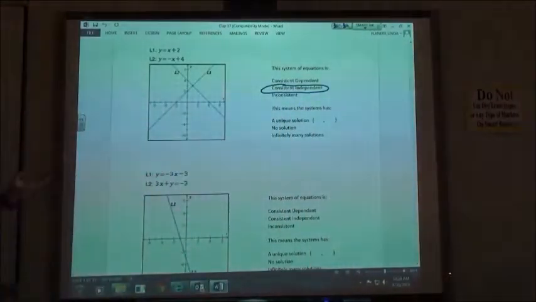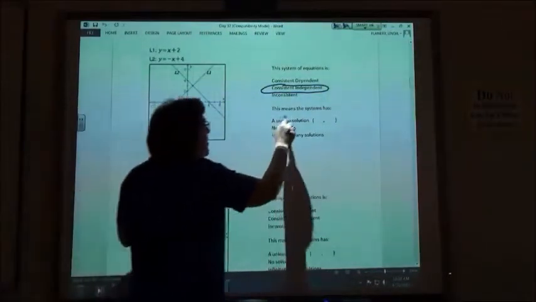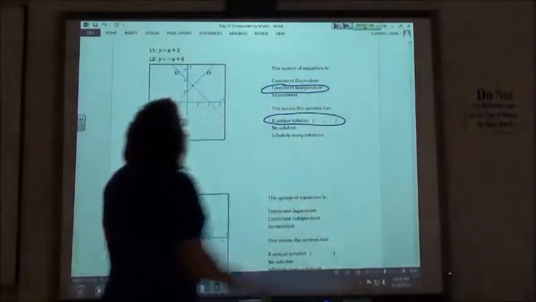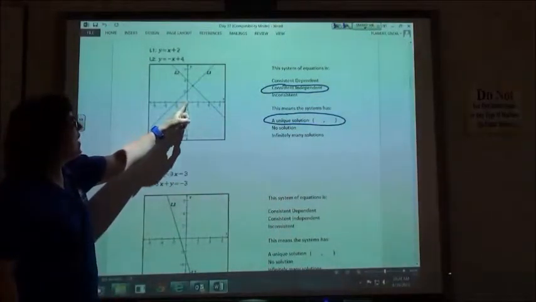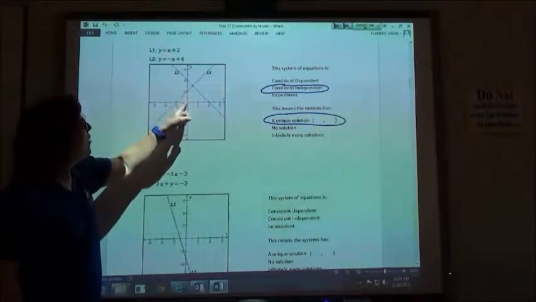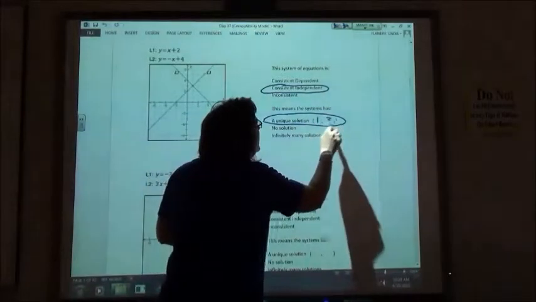Consistent means they have an answer. Independent means one answer. So your one answer is going to be a unique solution, and it's going to be the point where those two lines cross. So in my ordered pair, the x goes first and then the y, so I go over 1, up 3, so my solution is the point 1, 3.